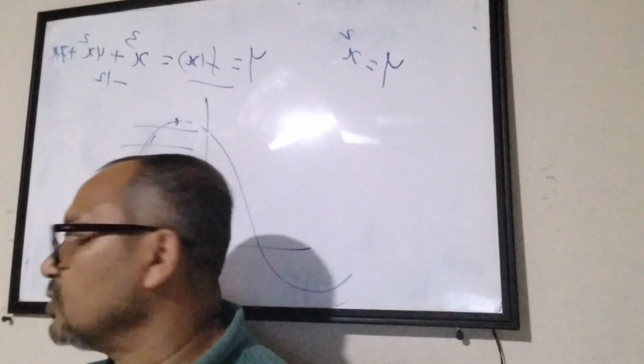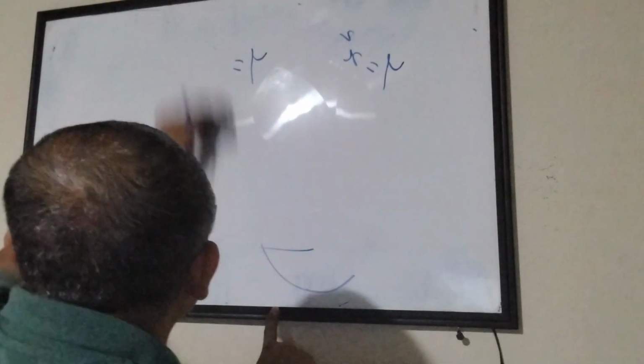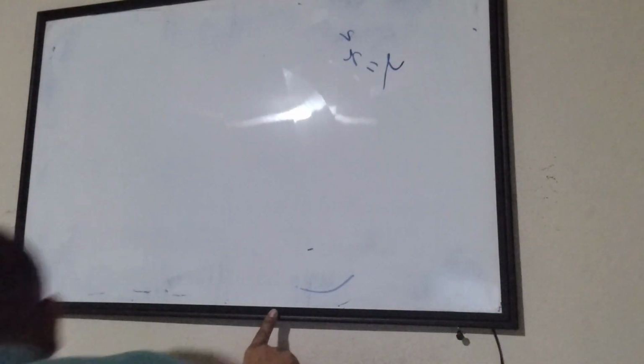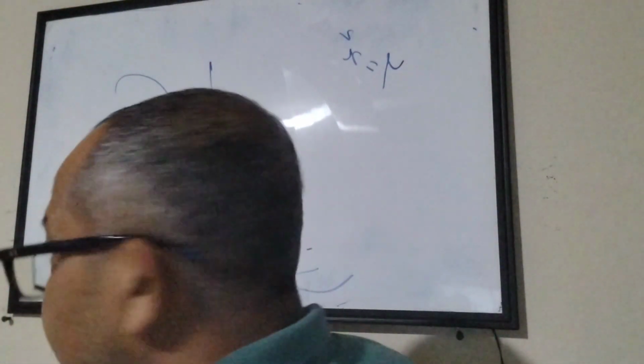So mostly what happens is, you guys can try this, but if you have a cubic function, that always yields a graph like this.